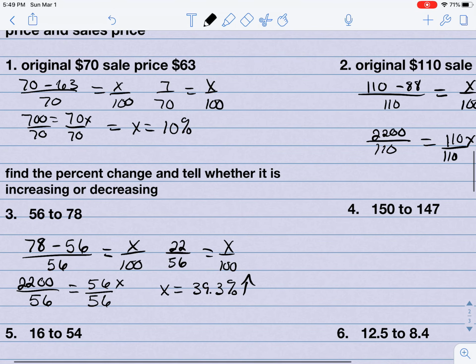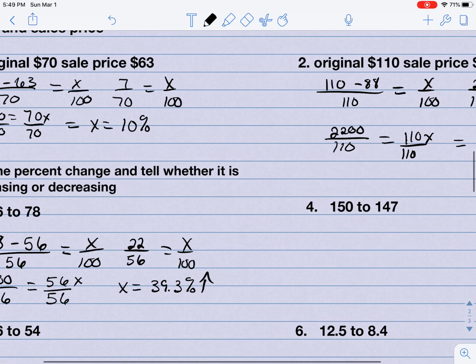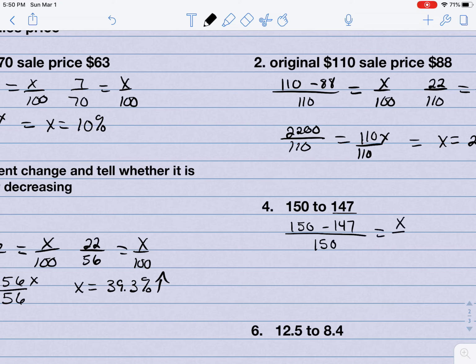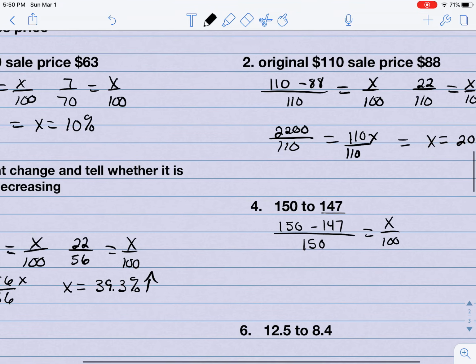Okay, and we'll just do this next one and call that good. So you've got 150 to 147. Okay, notice the second term here is less. So that is going to mean that this is a decrease. So amount of change is going to be 150 minus 147. And the original is 150. So that's going to be equal to x over 100.